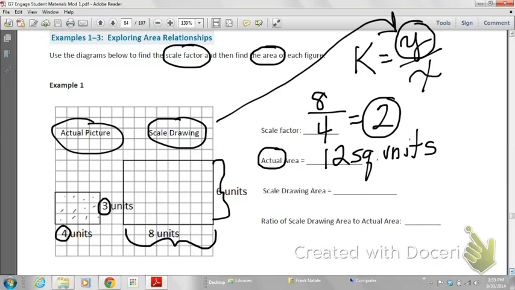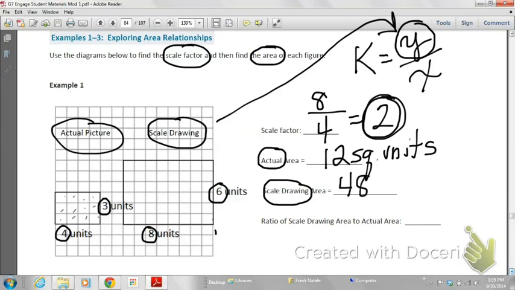So we have our scale factor, and now we're going to look at the scale drawing area. Again, same way, we take our length, which is 8, times our width, which is 6, and we multiply those, and we get 48 square units.